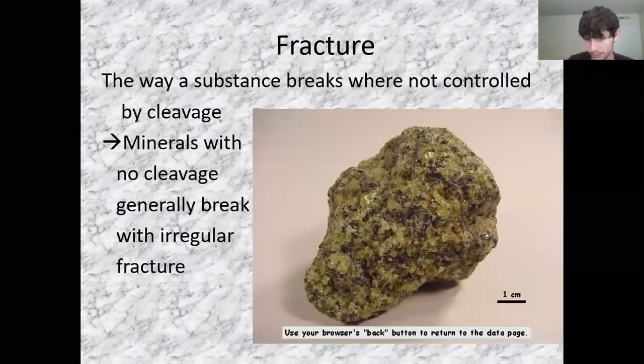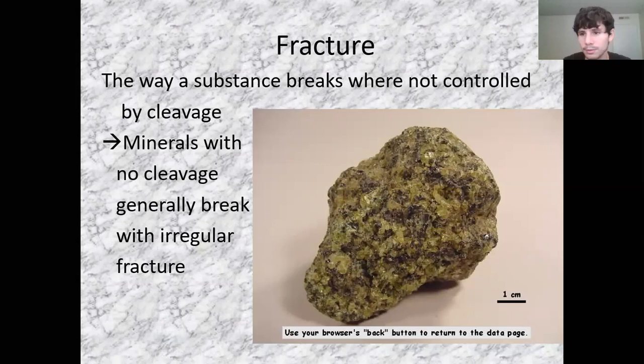So that brings us to the next part. This is something called fracture. Now, if a mineral doesn't have cleavage, then it has fracture. Like with this picture here, there are no really distinct planes of weakness.